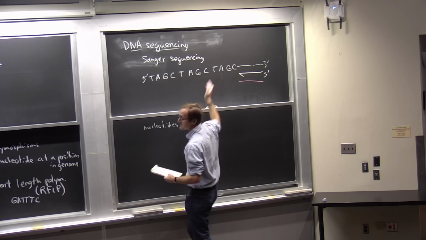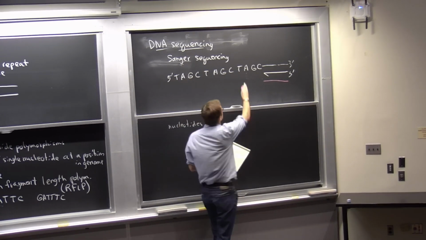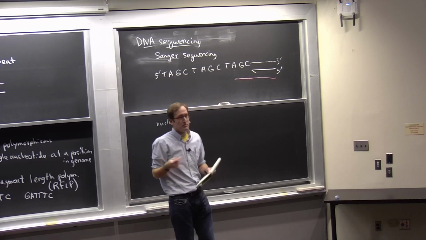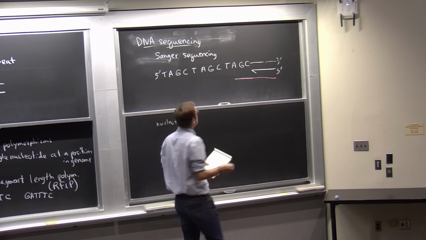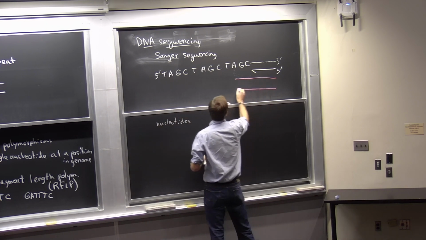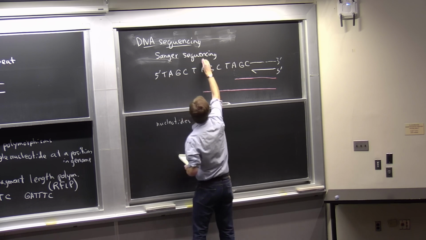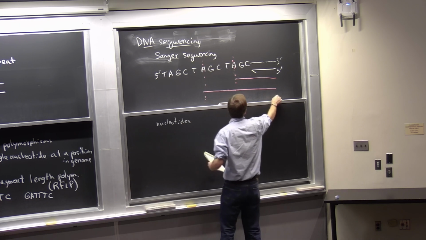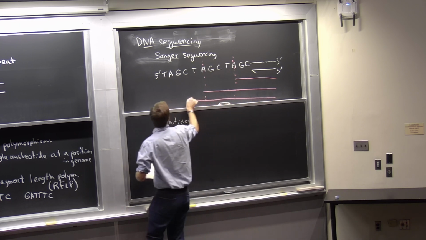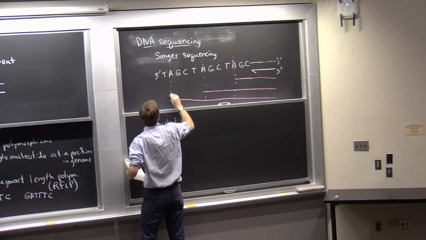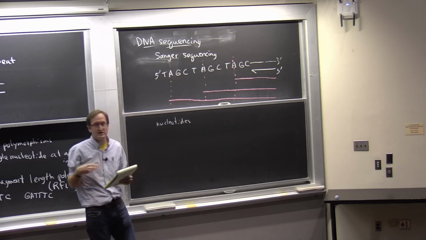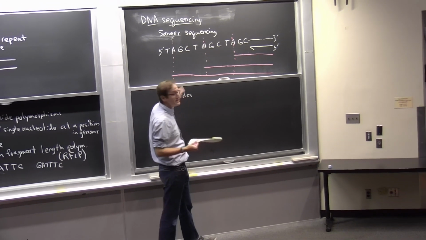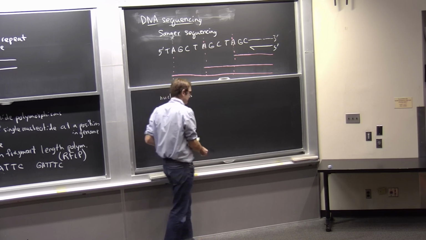So let's say there was a possibility it would stop at this A. If it stopped at this A, you generate a fragment of this length. But if it read on through that A, there's another possibility that it would stop at this A. So we're kind of looking at when these are stopping. And the final possibility is it goes on and stops at this A, okay? So if this DNA polymerase stopped only at A's, you get fragments that are these 3 discrete lengths, okay?